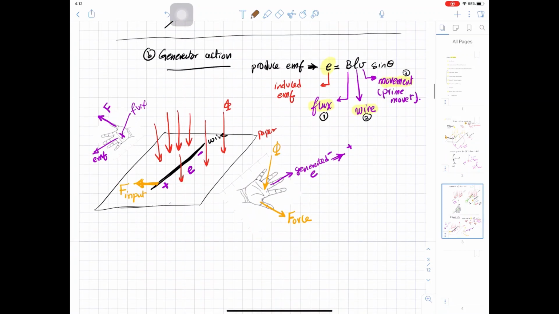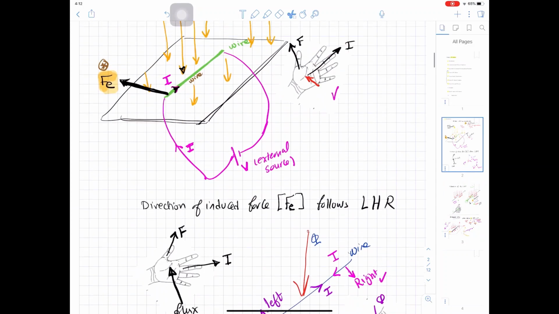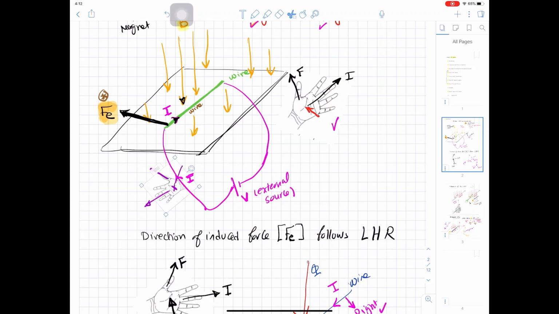So we need to bring the right hand to see what is happening here. According to the right hand rule, this is the direction of the force. Flux is coming into your hand. So this will be the direction of E. So there is an induced E here, where here is negative and here is positive.